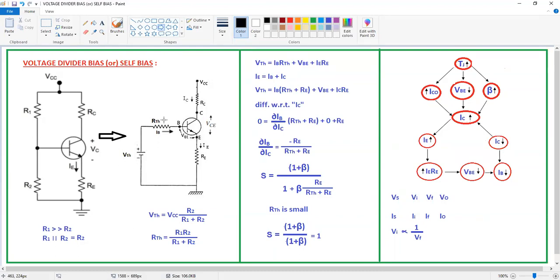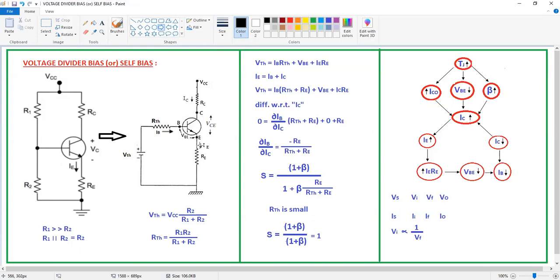Now if you observe the circuit, here the emitter resistor is fed back to the input. This is the input. The emitter resistor is given as feedback to this input. What type of feedback is employed in this circuit? This feedback is negative feedback. Why?